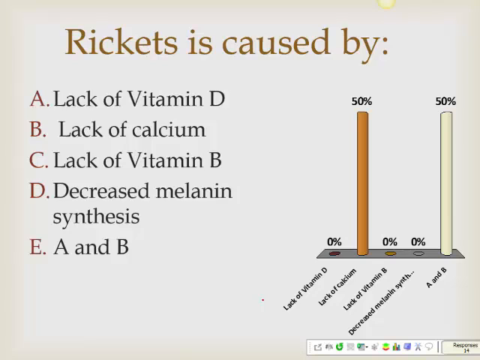So remember I said you could be in a dark place and drink enough milk with calcium, but your bones will not form properly because that calcium will not get deposited. So both lack of vitamin D and lack of calcium can cause rickets.